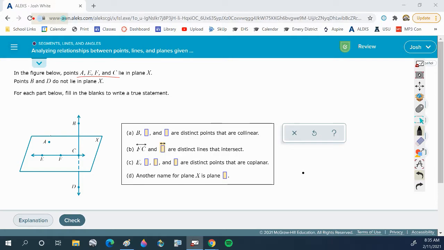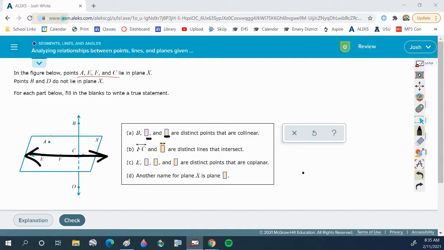Okay, so letter A asks, B and what other 2 points are collinear? B, C, and D. Okay. Line FC and what line are distinct lines that intersect? So FC would be this one.